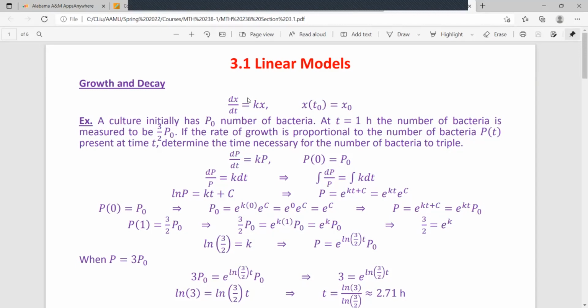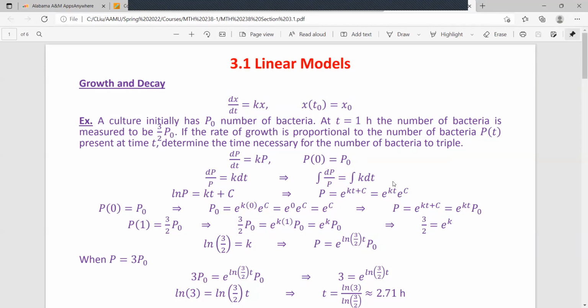This is a separable equation. The initial condition is given by x at t0 equals x0, like the initial population or the initial amount of the substance or isotope. Then we can solve this initial value problem easily.